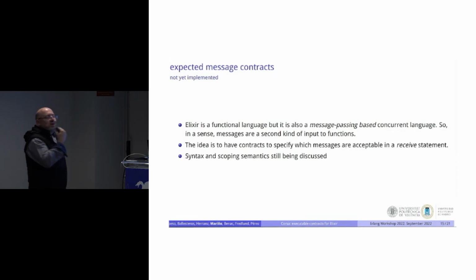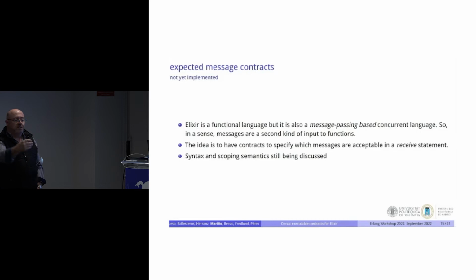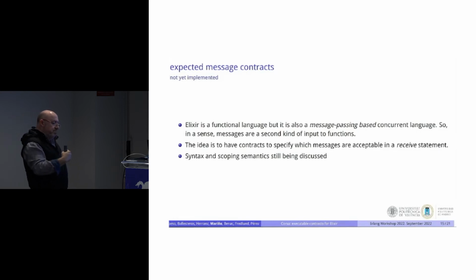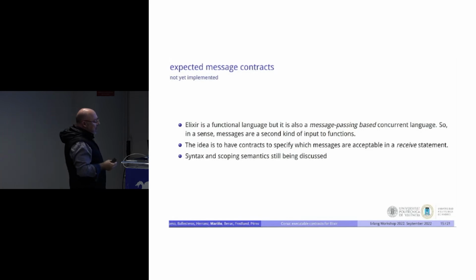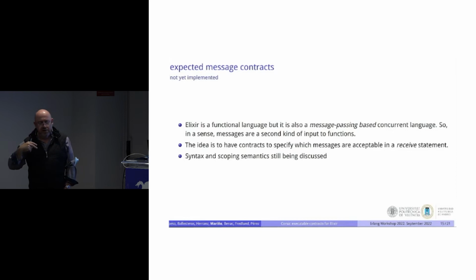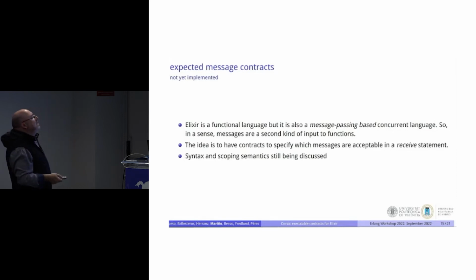But if you have a concurrent functional language based on message passing, then you also have a different input of information to the functions, which is receiving messages. So that makes sense to have some kind of precondition-like construct that imposes or makes some checks on the data that is incoming to a function, right?